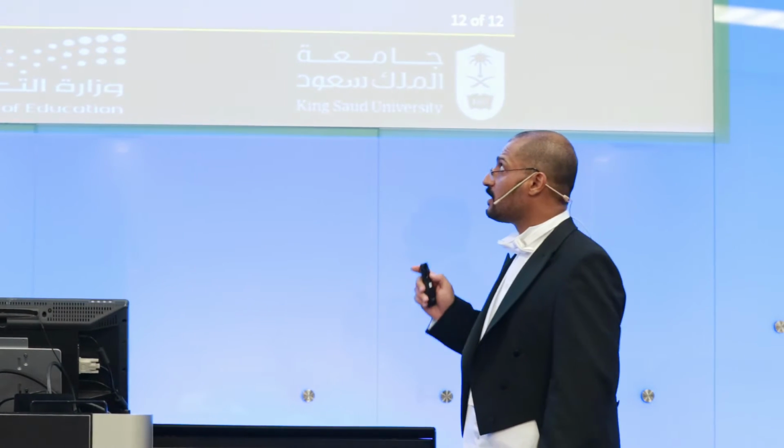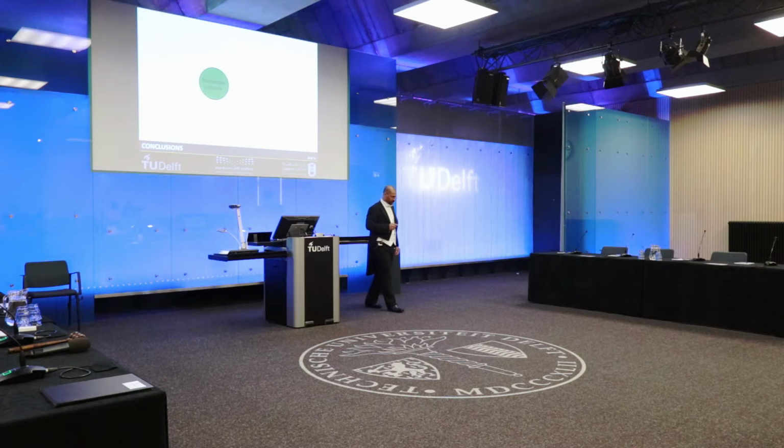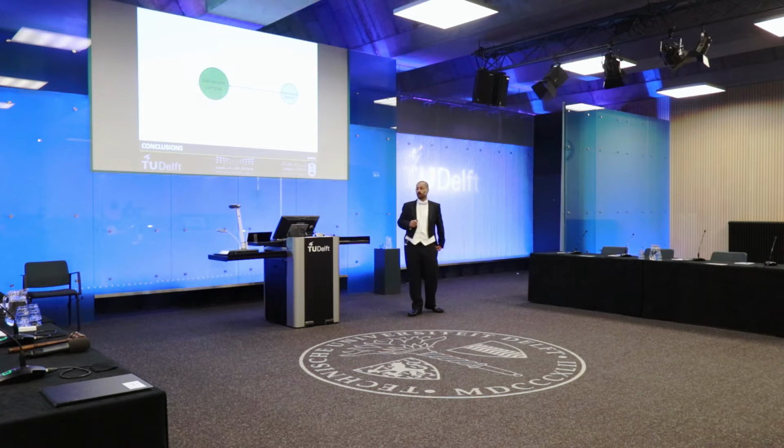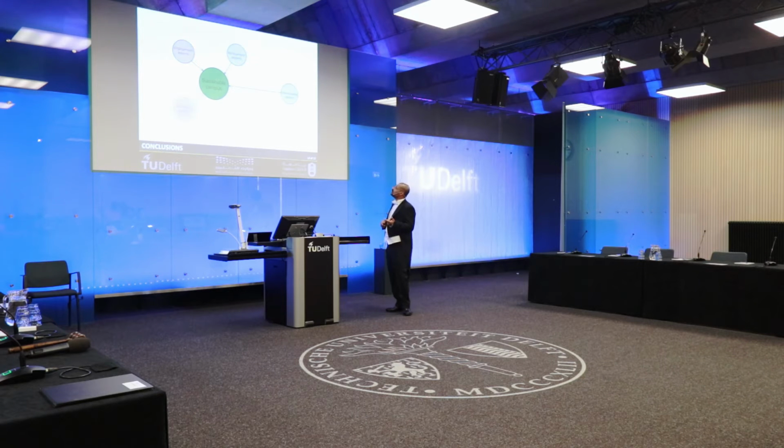Conclusion. The main conclusion of my research is that when we want to assess sustainability in university campuses, we need to address five aspects. The first one is environment. Second is management. Third is engagement.